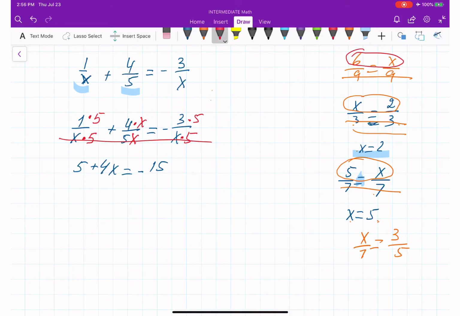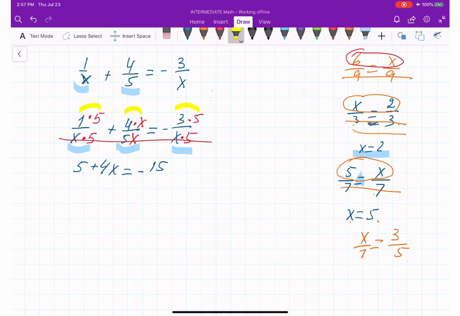This principle I am applying to every single equation. I brought everything to a common denominator. I have 5x and I didn't skip any denominator, so I got 5x, 5x, 5x. I drop it and I read the numerators equal to each other: 5 plus 4x equal negative 15.